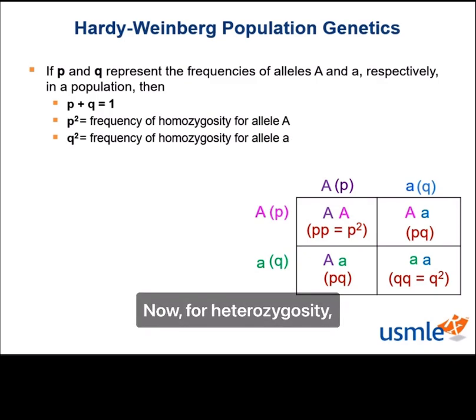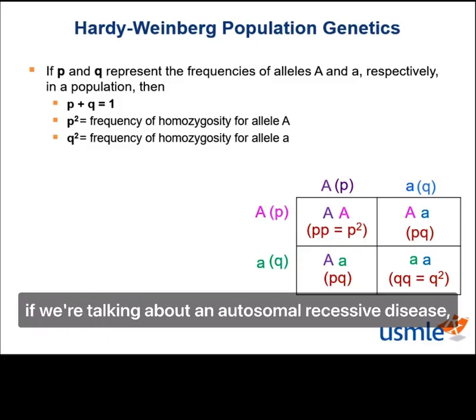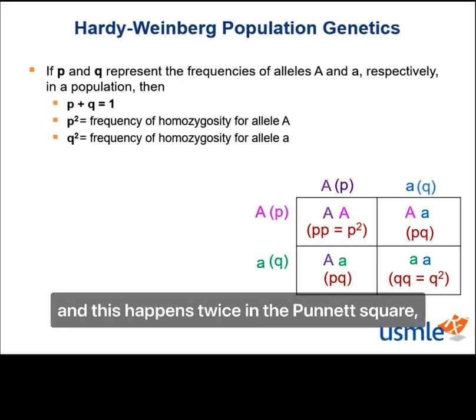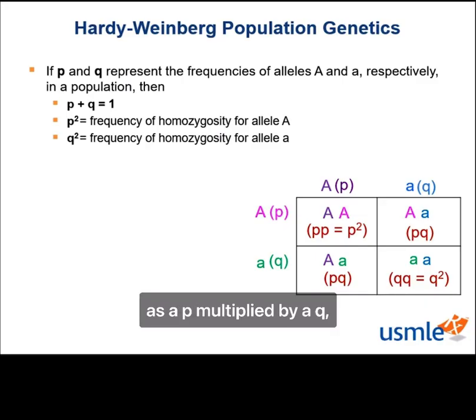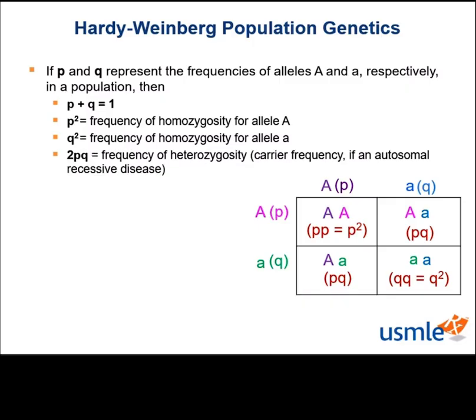Now, for heterozygosity, also known as the carrier frequency if we're talking about an autosomal recessive disease, we need to look where we have a big A and a little a. And this happens twice in the Punnett square as a P multiplied by a Q, so it would be 2PQ.